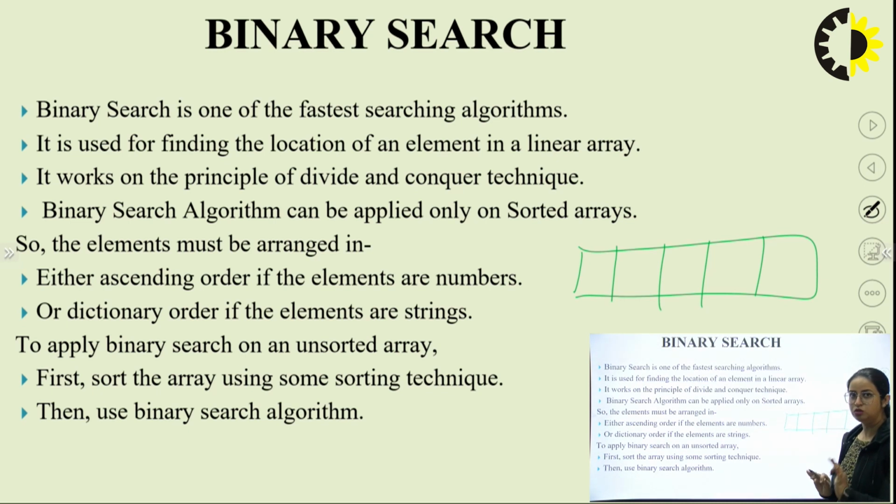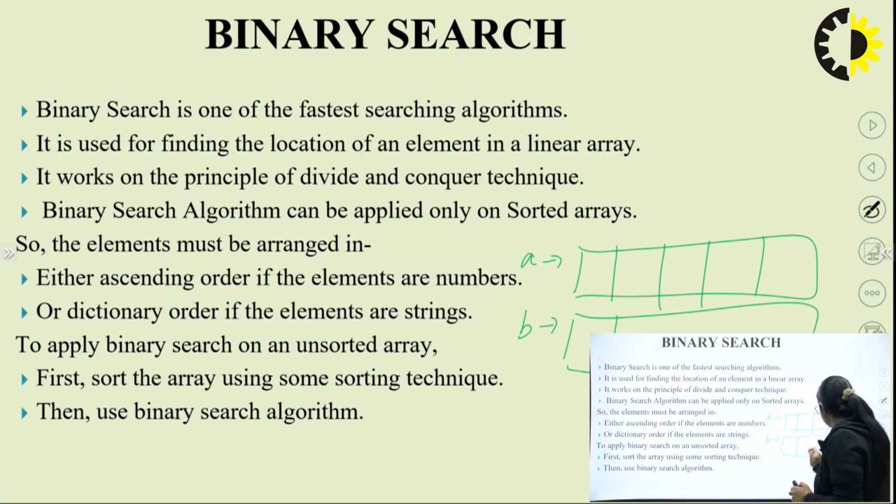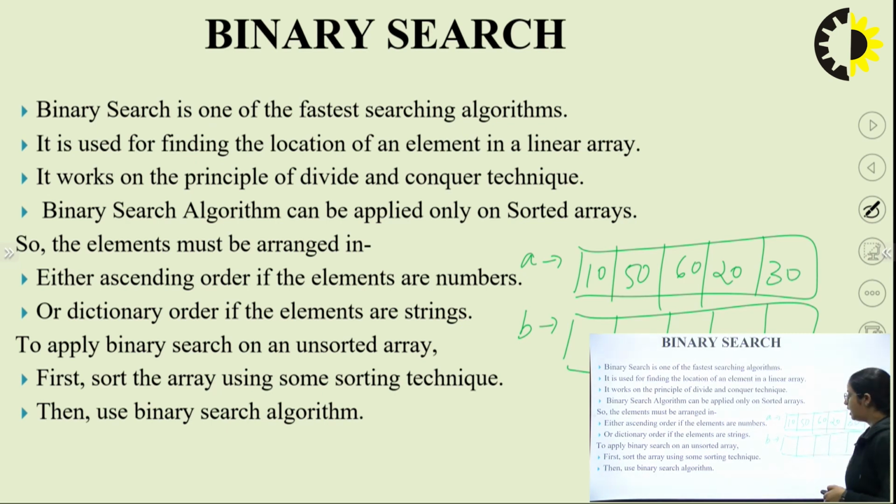Sorry, I am taking two arrays. Suppose this one is array A, and the second one is array B. In the first array, I am taking the elements 10, 50, 60, 20, 30. In the second array, I am taking 10, 20, 30, 40, 50.